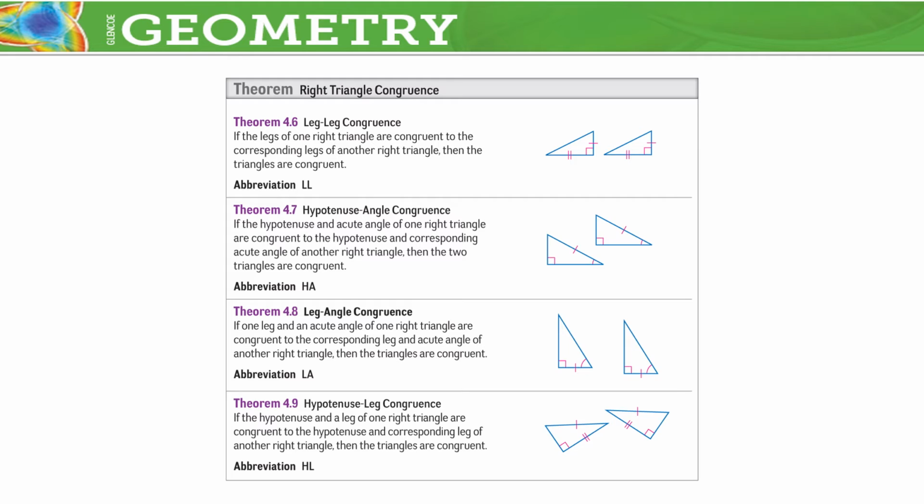And if you have LA, L for a leg, A for angle, here you have to know this side is between the angle and the right angle. And here you have HL, which is hypotenuse and leg. If your two corresponding hypotenuses are congruent and two legs are congruent, and we know we talk about right triangles and two right angles are congruent, so two triangles are congruent.